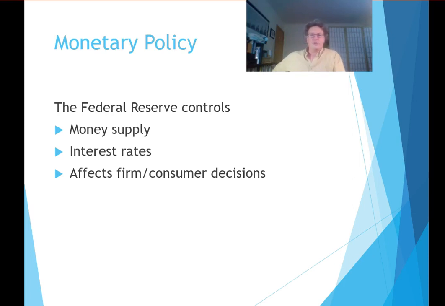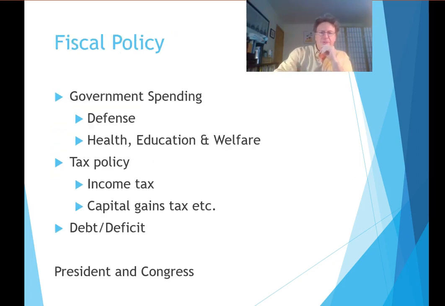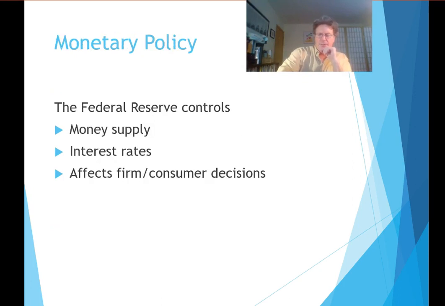And then once they choose that, what should they do? Now Jerome Powell, of course, is the man in command of the Fed. And what is he thinking about when he decides what to do with interest rates? The easy way to keep this straight is that fiscal policy is things that Congress and the president do, and monetary policy is what the Federal Reserve does.